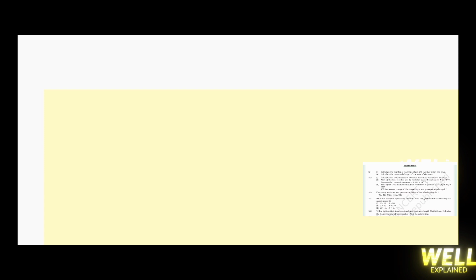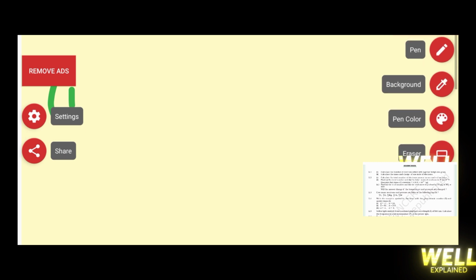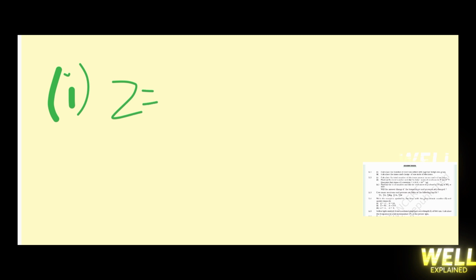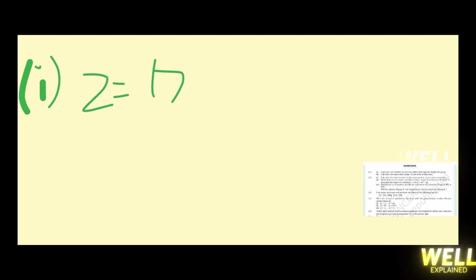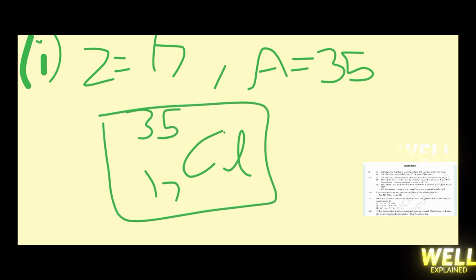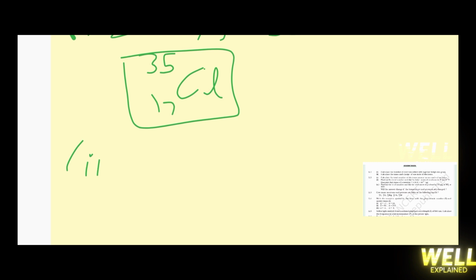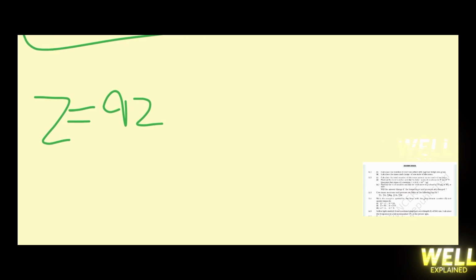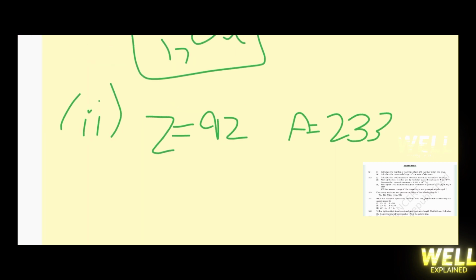So first I have atomic number 17 and mass number 35. So this would be chlorine, atomic number 17. Next I have atomic number 92 and atomic mass 233.